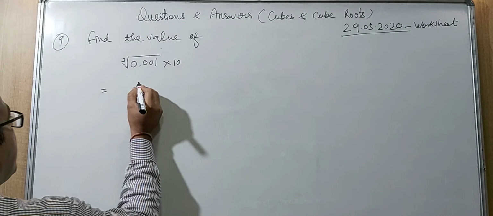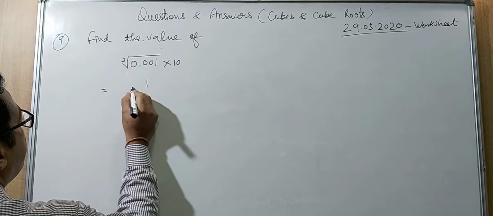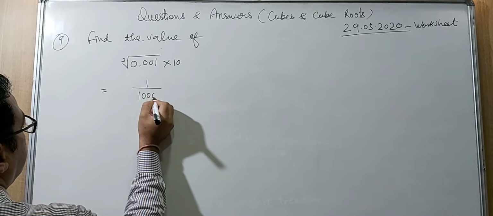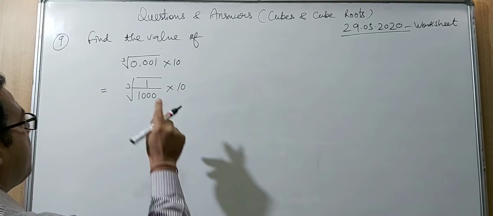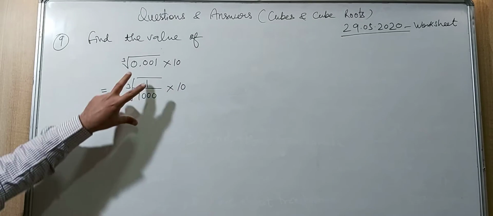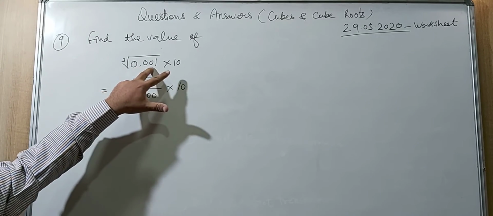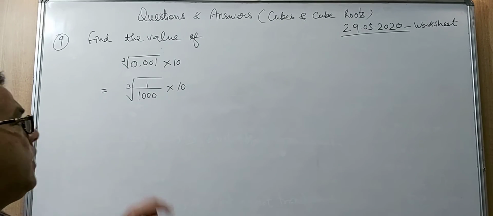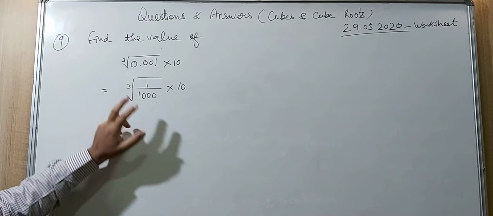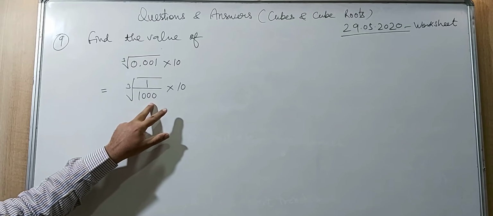So how can we find the cube root of this number? Do one thing, we can write it as 1 by 1000. You all know we have removed the decimal point. After the decimal point there are 3 places, so we need to divide by 1 followed by 3 zeros, that is 1000. So we can write it as 1 by 1000.